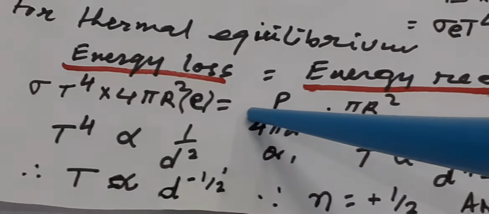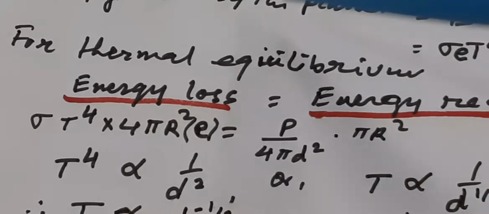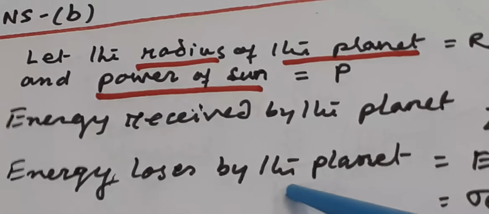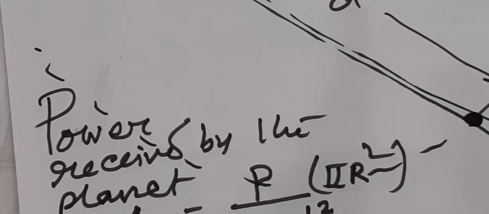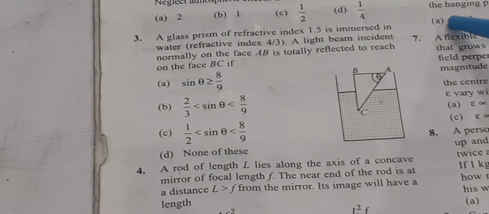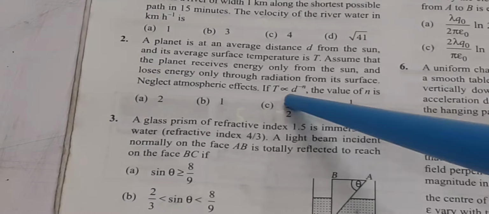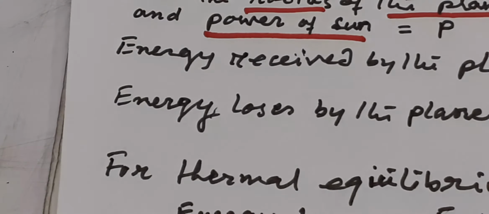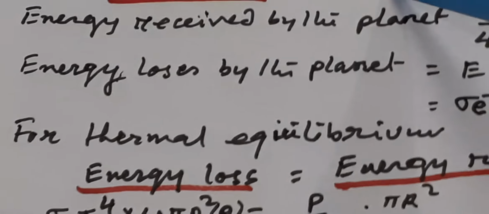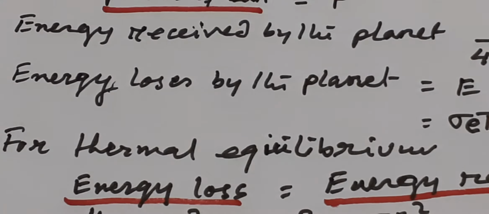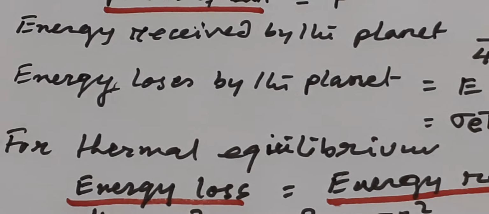That means N will be, as it is given here, you can see the expression, T proportional to D to the power minus N. So that means minus N equals minus half. We get D to the power minus half, and minus N equals this one.